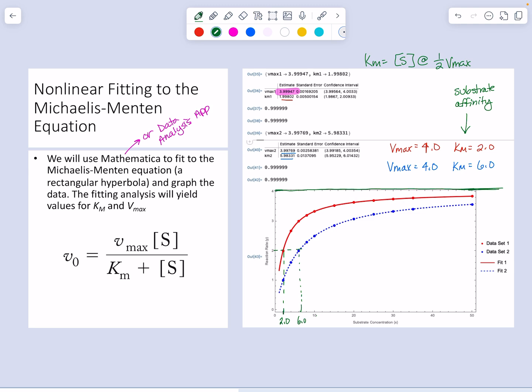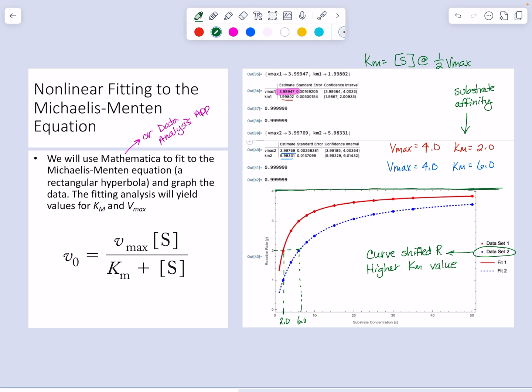So for data set 2, what do we have? We have the curve shifted right, and we have a higher Km value. And what did we say about hemoglobin's affinity for oxygen when the curve shifted right? We said it had a lower affinity, right? It took more oxygen to get it to load.